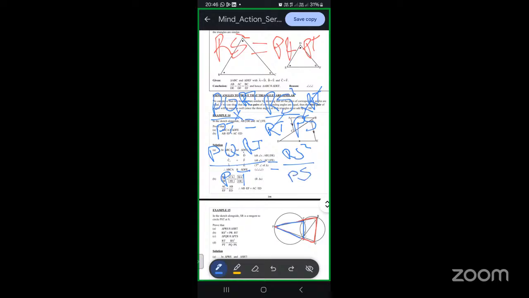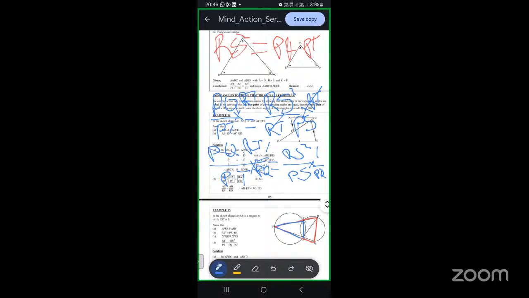We are now here with times by 1 over PQ on both sides. This cancels out with that.